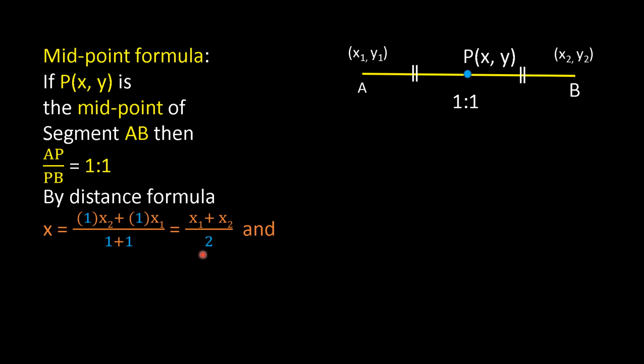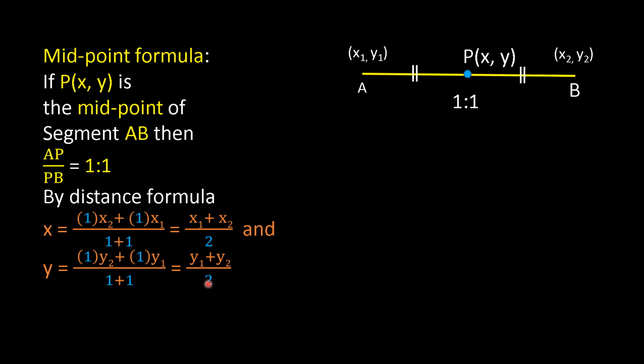And we write the y coordinate of P as y equals (1y2 + 1y1) upon (1 + 1). That will be (y1 + y2) upon 2.